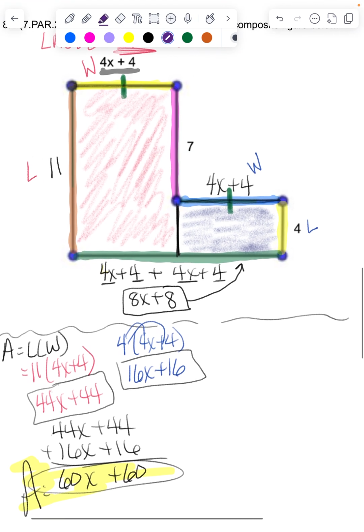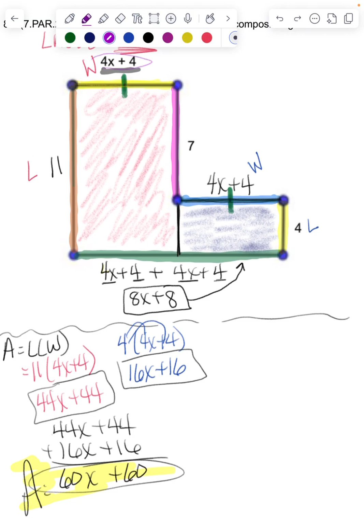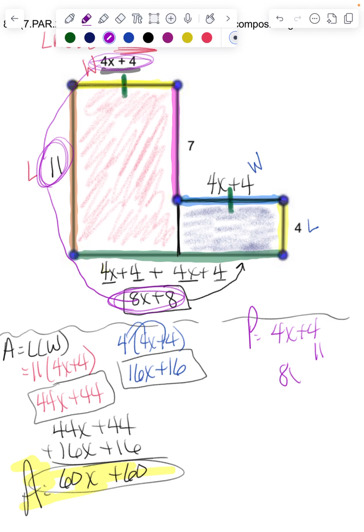So now we got to stack them all up and add them. So we're going to start up here with this 4x plus 4. This is perimeter. Then we're going to come here and get that 11. Put it right there. Then we're going to come here and get that 8x plus 8.